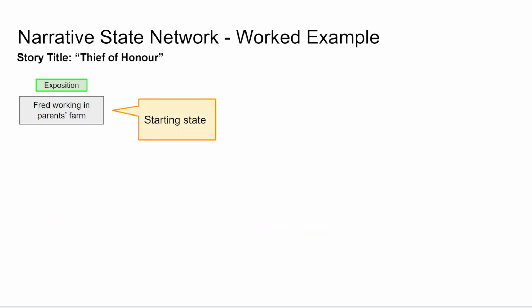So at the very beginning, we go, okay, Fred's working on a farm. I'm going to note the story stage that it's in, and it's very clearly exposition. Usually this first thing would be exposition. But sometimes you might want to do something slightly different, where you have a big climax right at the very beginning, to really try and get people's attention.